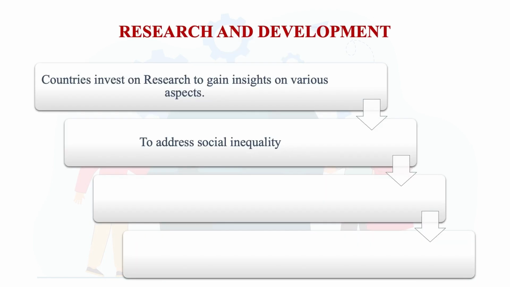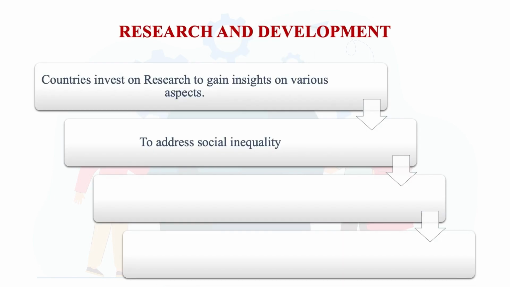So many countries invest heavily in research and development to gain knowledge about society and best practices, to bring positive change, whether it is new innovation, changing the behavior of people, or empowering people. In all these areas there is research and many countries have invested. I'll tell you that also.